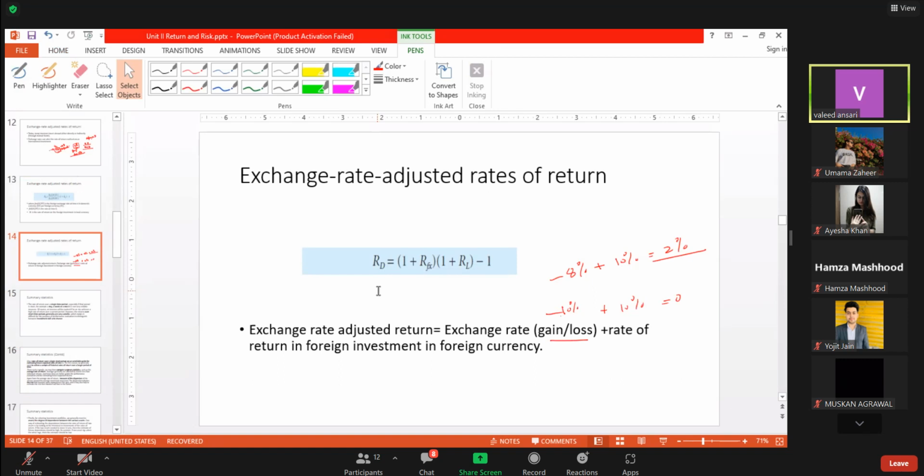Then we also tried to look at the global context. If you are making an investment in the current scenario, in the globalized world, the flow of money from one place to another is very common, to take advantage of high returns. A lot of money has flown to India, because the return in the Indian stock market is very, very high in comparison to other countries.